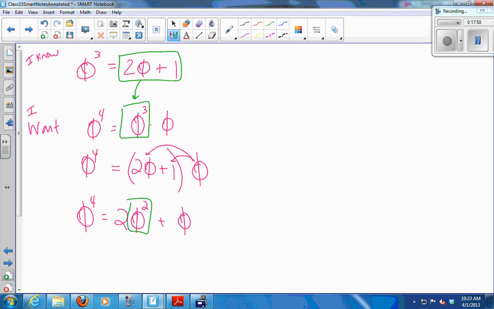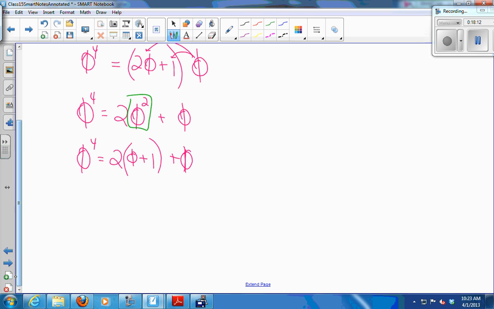Yep. So phi to the fourth is equal to 2 times, instead of phi squared, I'm going to write phi plus 1, plus phi. Distribute my 2. So I get 2 phi plus 2 plus phi.